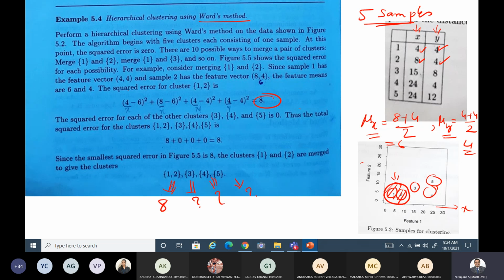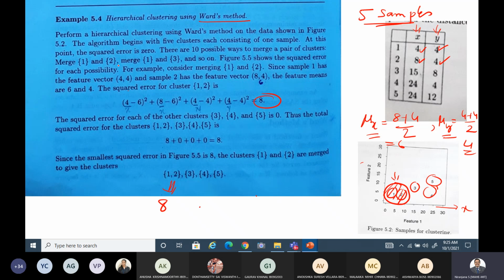Error from this how much? You have to calculate. Since each other cluster has only a single sample, when you have a single sample in a cluster, what happens? Its mean is itself. Its centroid is itself. It's overlapping with the sample. In that case, error is 0.